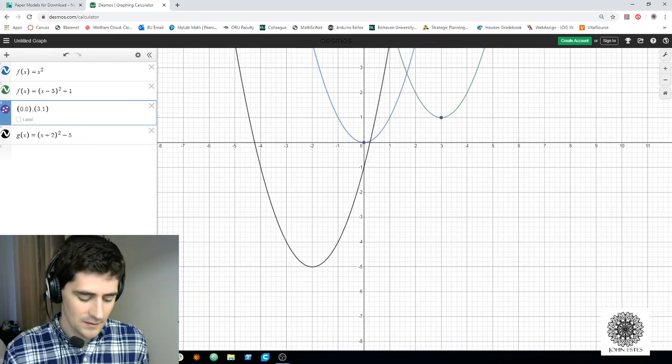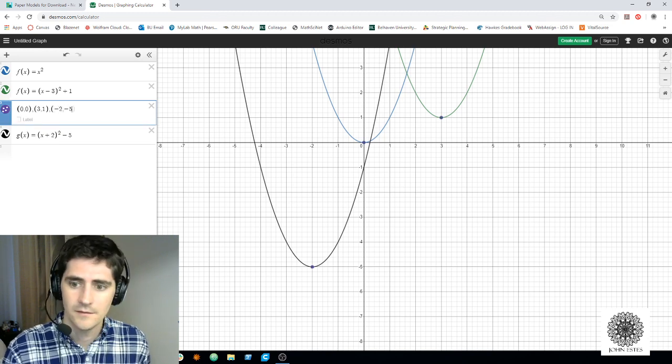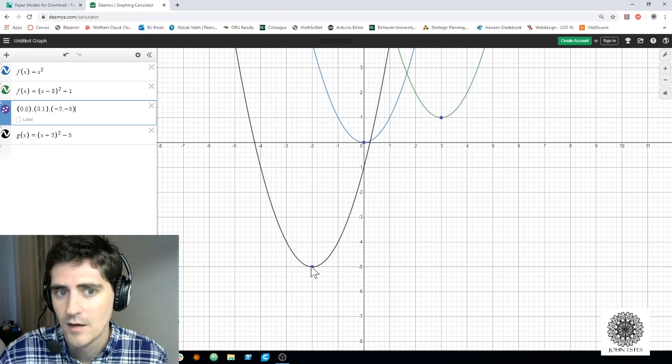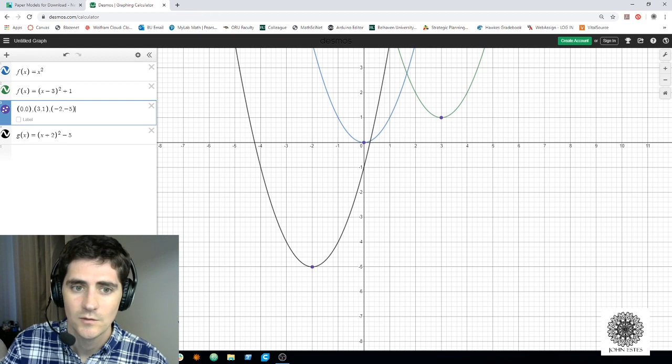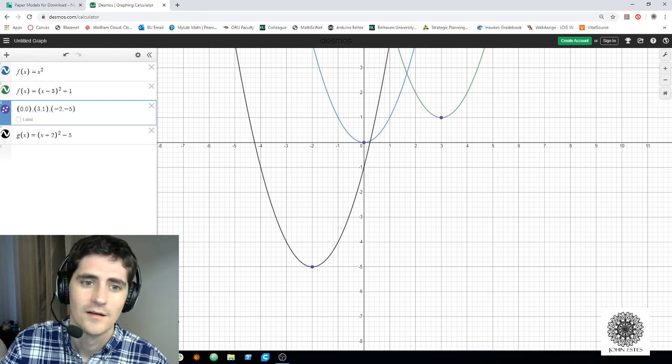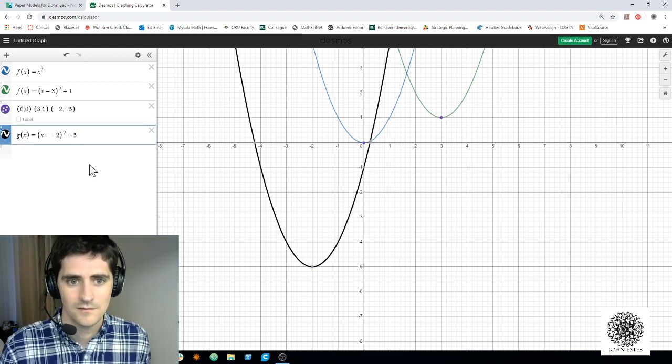My new vertex here, since it's in vertex form, is negative 2, comma negative 5. See, right there. But instead of thinking about it in vertex form, think about it this way. This is x minus negative 2, right?